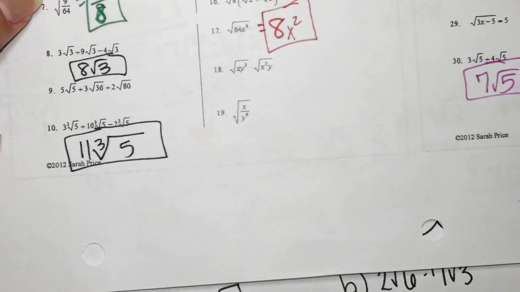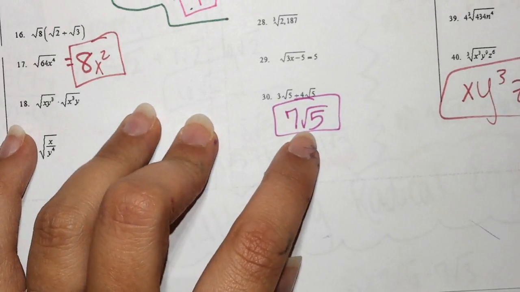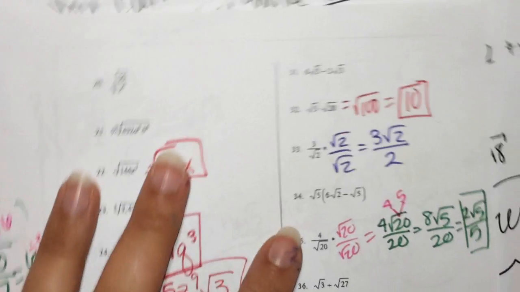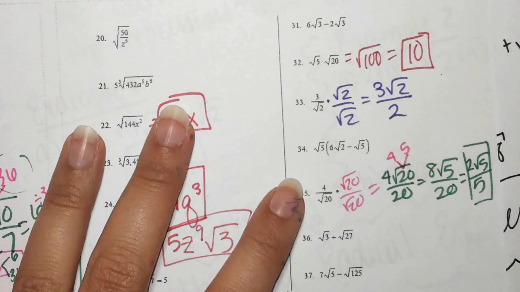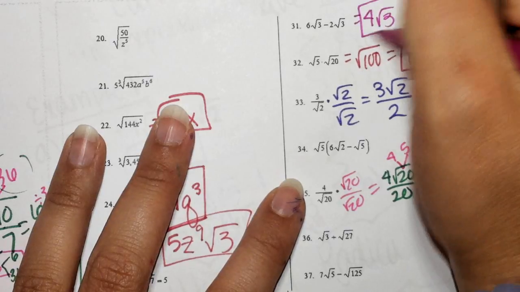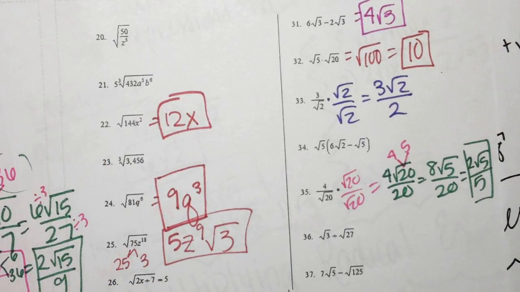What, Kobe? Look right here. Do 31. Okay, then wait. What's your answer? Look at you go. Alright, any questions on those?